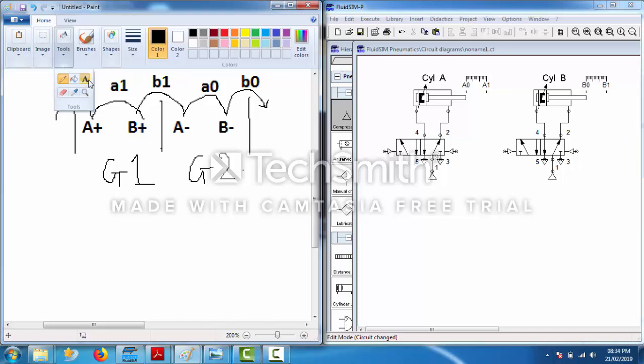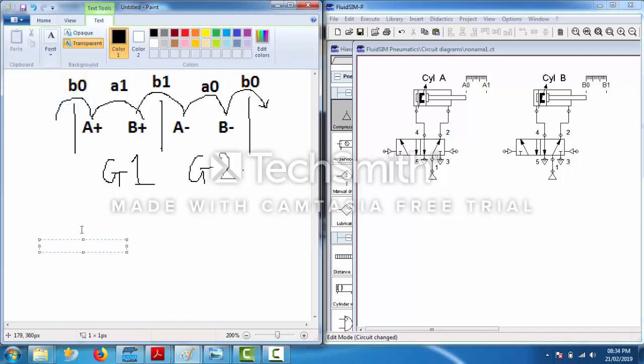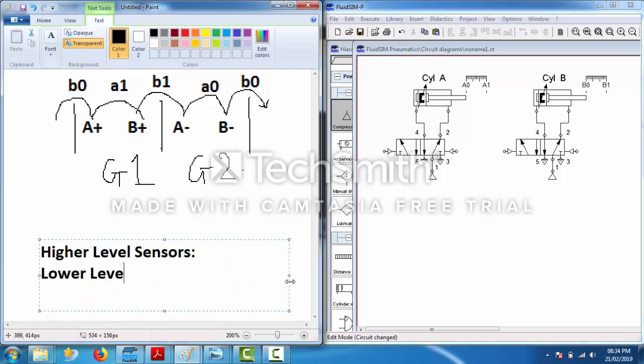Such kind of sensors are known as higher level sensors. So higher level sensors and lower level sensors. The sensors which cross from one group to the other, like B0 or B1, are known as lower level sensors.